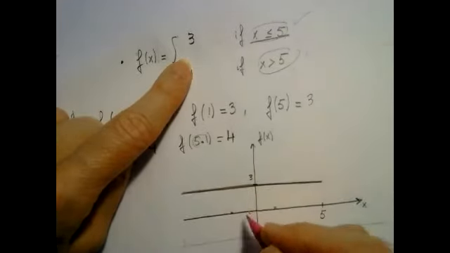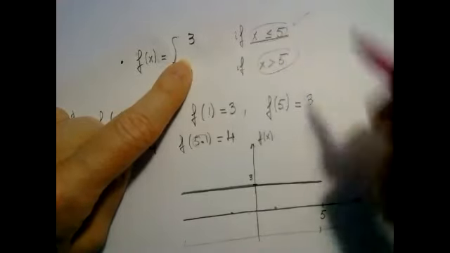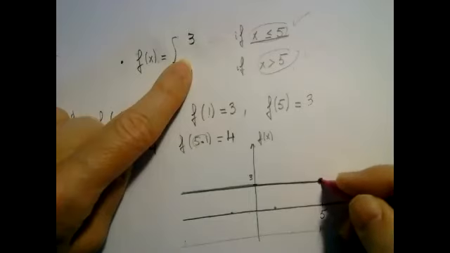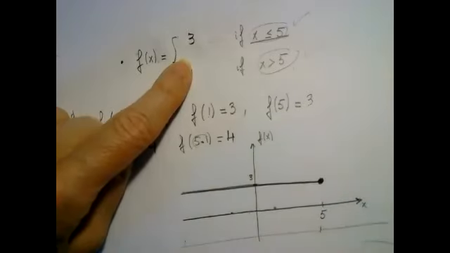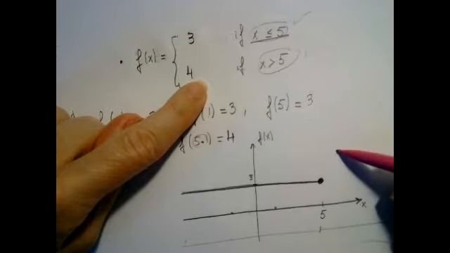The graph gives you the output here. If x is equal to 5, my output is 3. I'm going to close my circle fully right there. Then what happens? When my input is bigger than 5, the output is 4, regardless of what my input is.